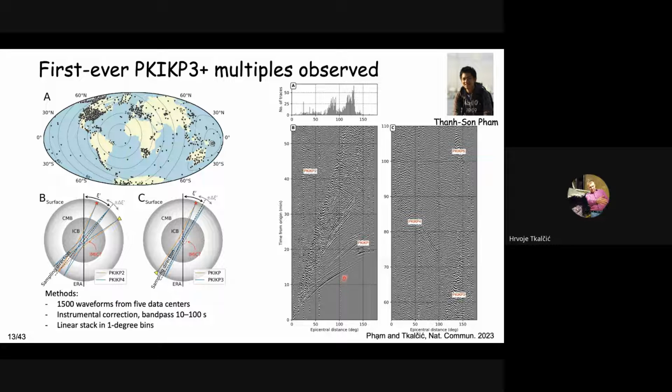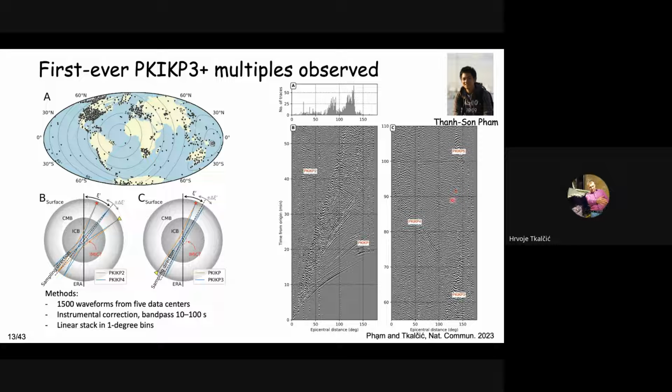And you can see clearly on the travel time sections here on the right that we observed, of course, PKIKP, then PKIKP2, which is 1 reverberation, and then 3, 4, and 5, very clear arrivals based on a single event. So this is based on a single event and on the order of more than 1,000 stations.